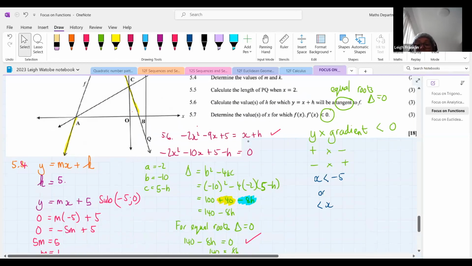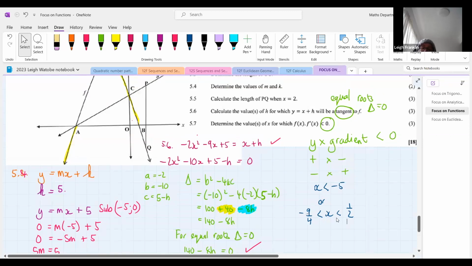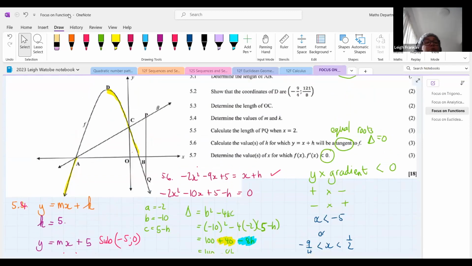The turning point, its coordinates was -9/4. And between the other x-intercept at B, and that was where it was equal to 1/2. Okay, so either where x is smaller than -5 or where x is bigger than -9/4 but smaller than 1/2.